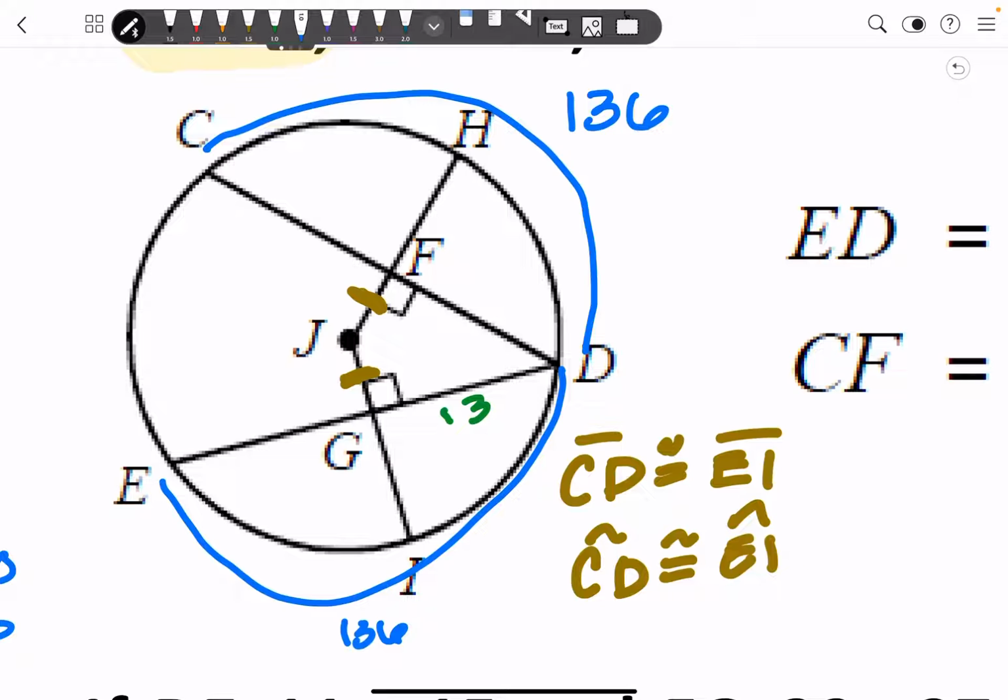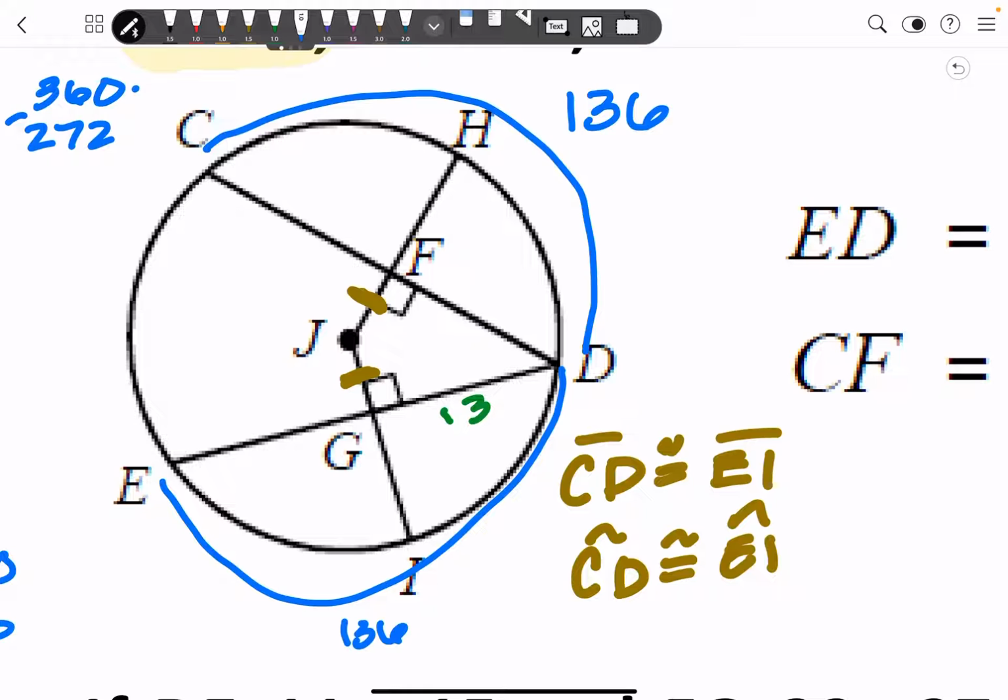And hey, that means we could figure out what arc CE is, because the entire circle is 360 degrees. So we do 360 minus 136, and you can even double it up to begin with, and do 136 times 2, since you've got two of them, and subtract that from the 360, and that's 272.